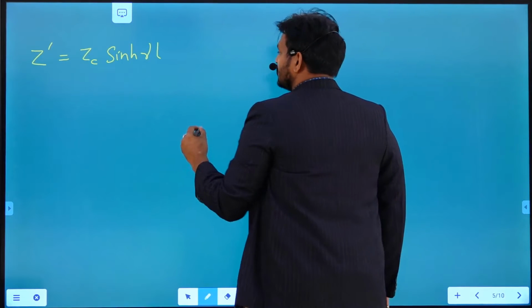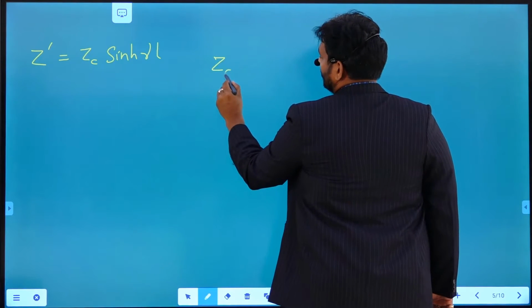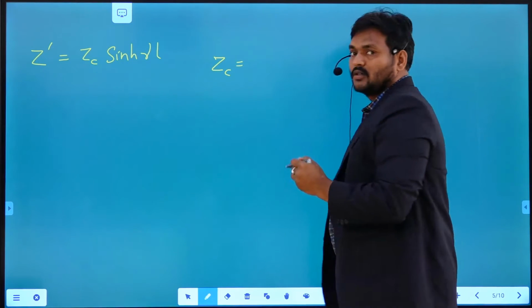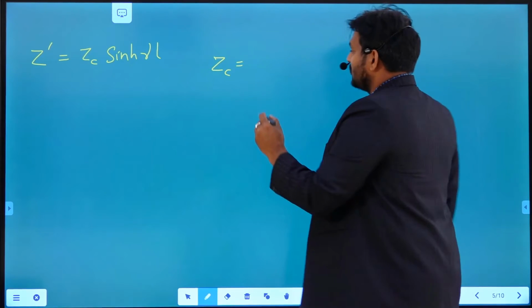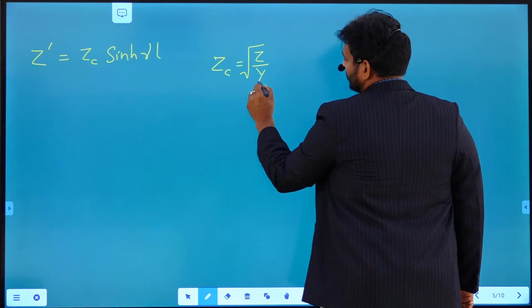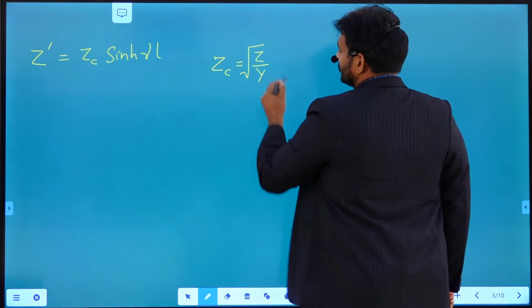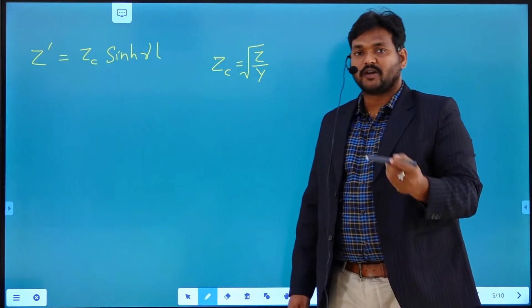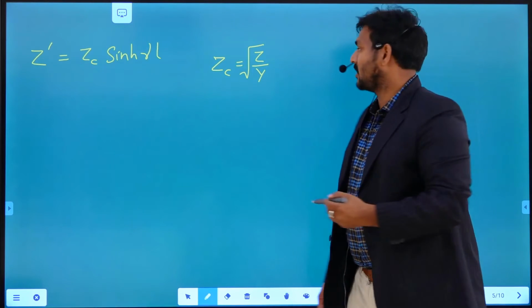Here, what is Zc? Zc is called the characteristic impedance of the transmission line, which is given by square root of Z by Y. It is independent of the length, so it doesn't matter whether you take impedance per unit length or admittance per unit length.